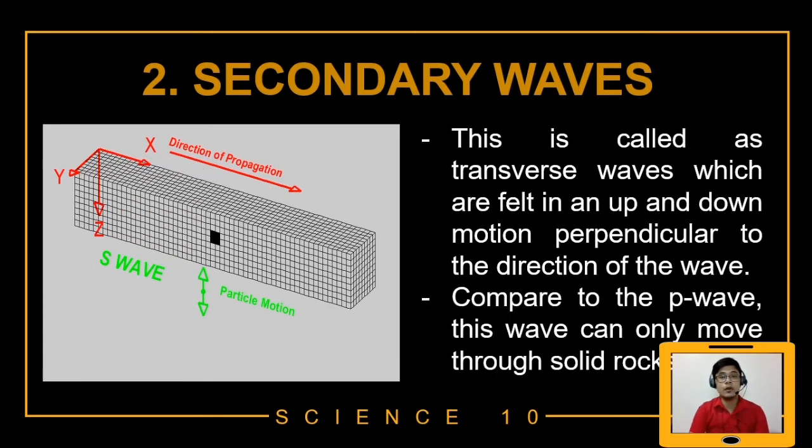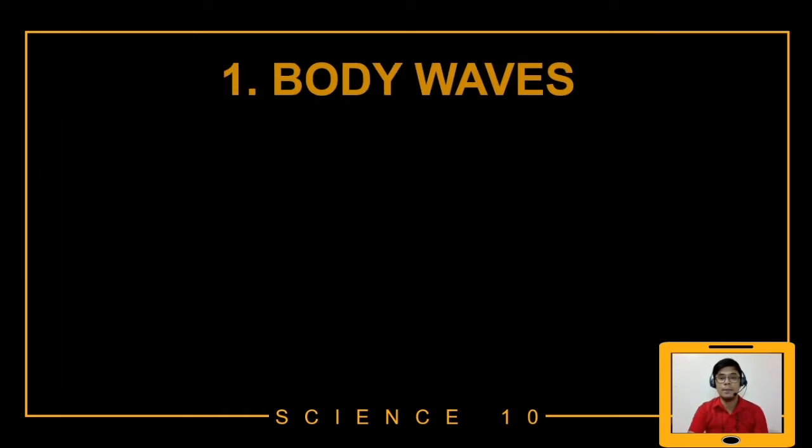Next, if you compare this secondary wave with the primary wave, this wave can only travel through solid rock, compared to the primary wave, which can travel through both fluid and solid. This time, the secondary wave can only travel through solid rock.